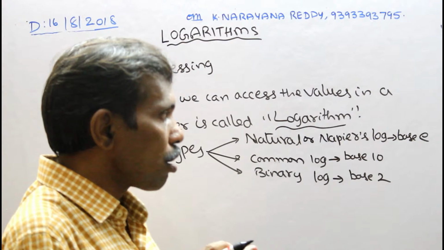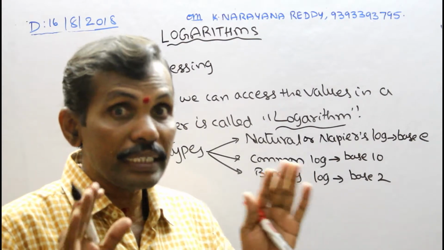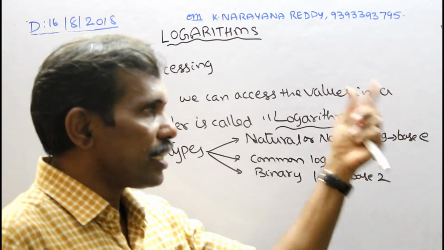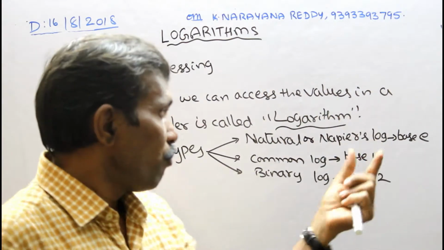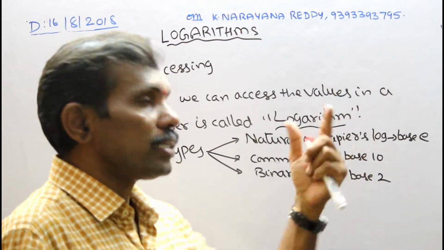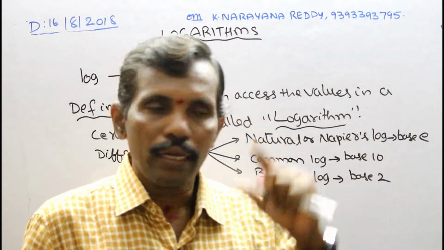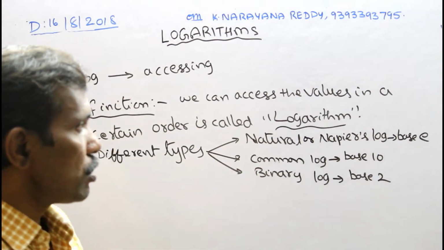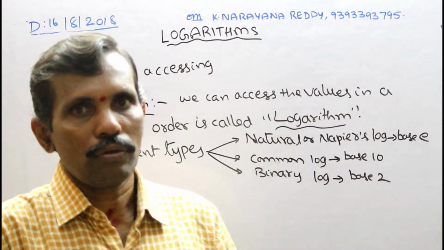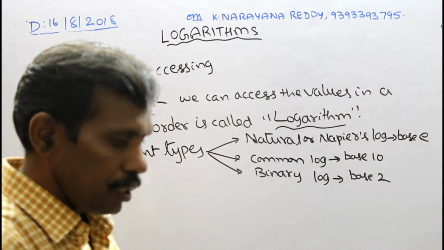They are not all the same. Whenever base e is there, that is a different value. Whenever base 10 is there, that is a different value. Whenever base 2 is there, that is a different value. These are 3 different types of logarithms.